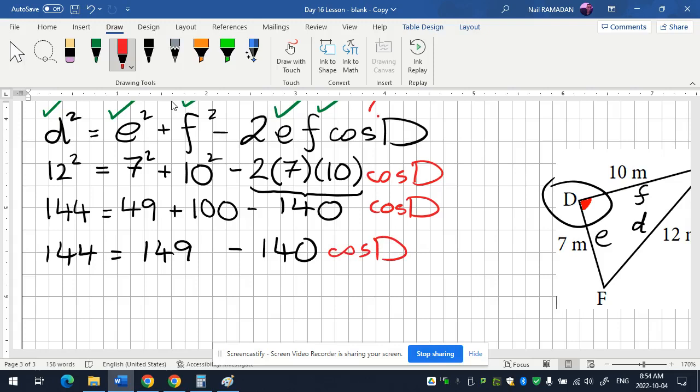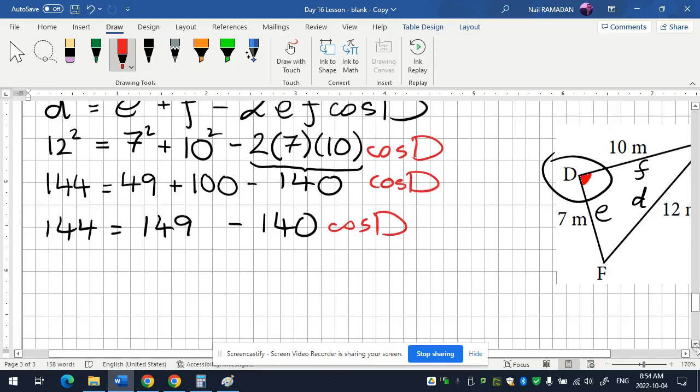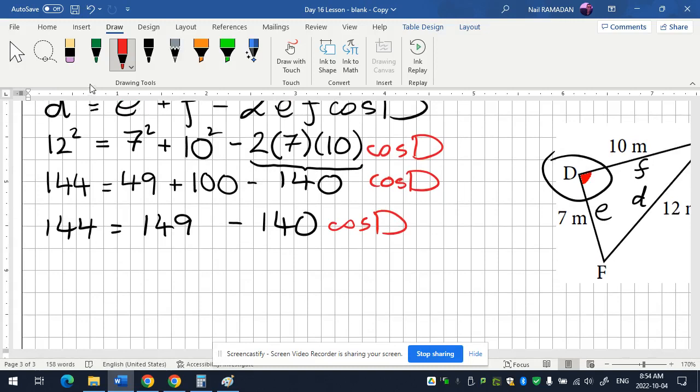Okay, what do I do now? Like we did before. Look at me. You have to move how many things? 2. You have to move the 140 cosine d with the minus to the other side, and you ditch the 144 to the other side. Perfect. So we get 140 cosine of d equals 149 subtract 144.